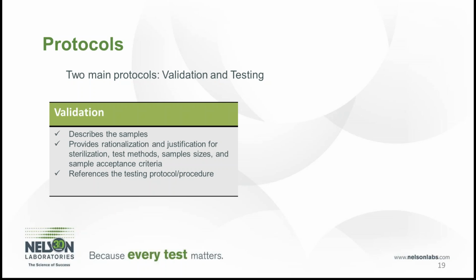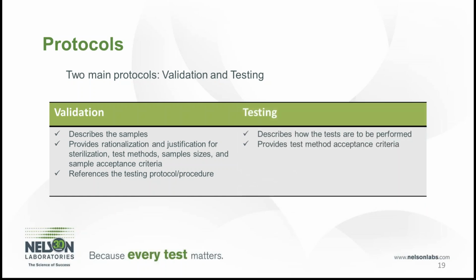It also includes references to the testing protocols or procedures out there. The second type of protocol is the testing protocol. The testing protocol describes how the tests are performed specifically, the detailed step-by-step process.